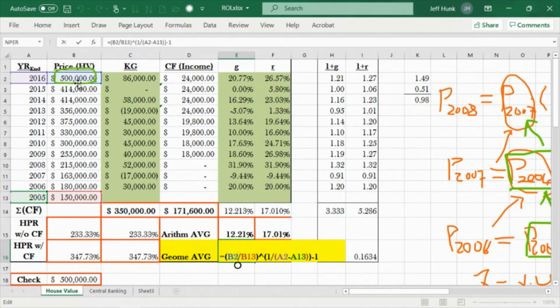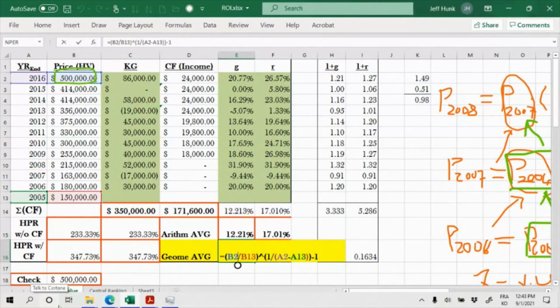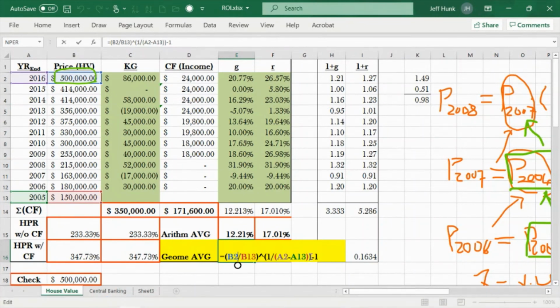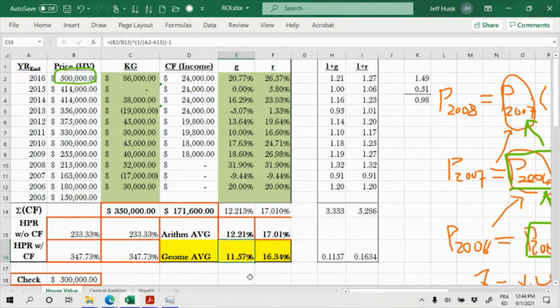You already took the trouble to enter it manually. Other than the original initial data, nothing else should be entered manually. It should only be the logic in the formula. Then 1 raised to n, then minus 1. There you go, and I got that.